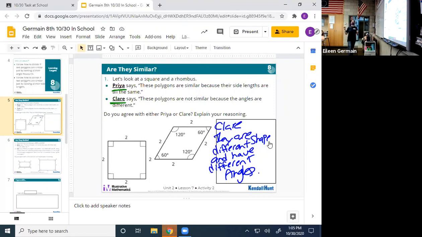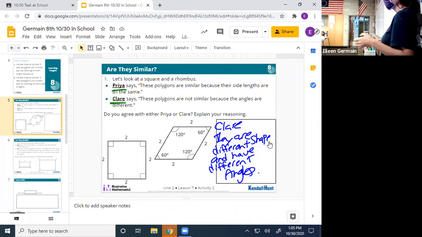So that's a really important piece of this, is that to be considered similar shapes, all the corresponding or matching angles have to be the same measure. Does that make sense? Okay, cool. The side lengths do not matter when we're talking about similar.